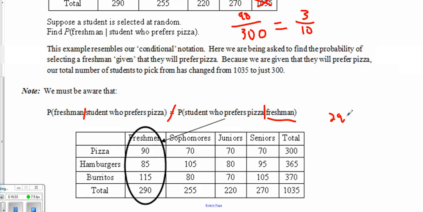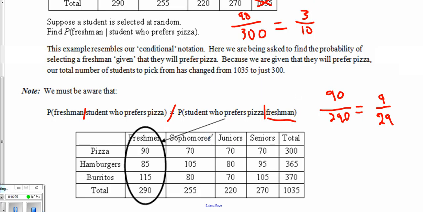Well, there's 290 of them. How many of them are freshmen who like pizza? Well, that would be 90. There are 90 freshmen who like pizza out of 290 freshmen total. That would reduce down to 9 out of 29. Now, 9 out of 29 is not the same as 3/10.